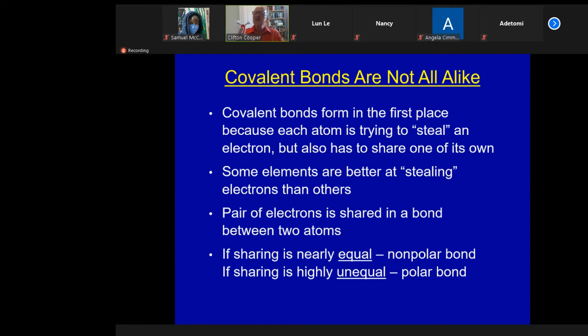Oxygen here is able to pull the electrons much more toward itself. So oxygen in water gets negatively charged, and the hydrogens get positively charged because they lost some of the control over the electrons. This is going to be a very important concept to get straight.